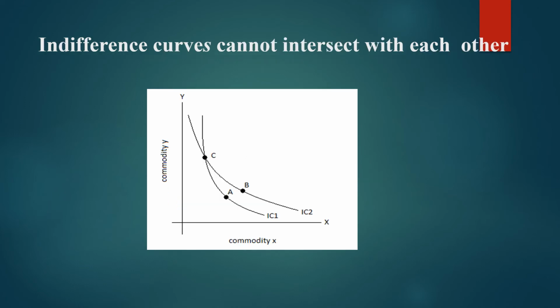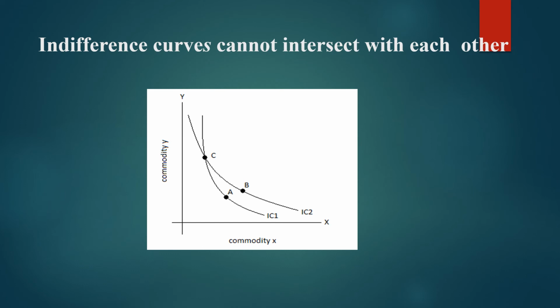And the indifference curves cannot intersect each other. You see IC1 and IC2. IC1 is the first indifference curve and IC2 is the second indifference curve. Point A on IC1 will give a certain level of satisfaction and point B will give higher satisfaction than point A. And you see point C. It is on both IC1 and IC2.